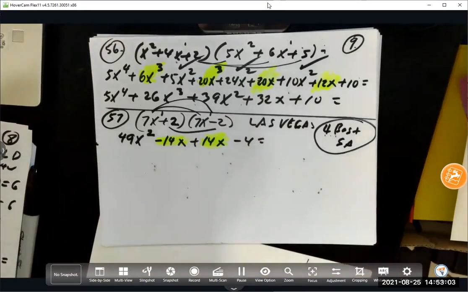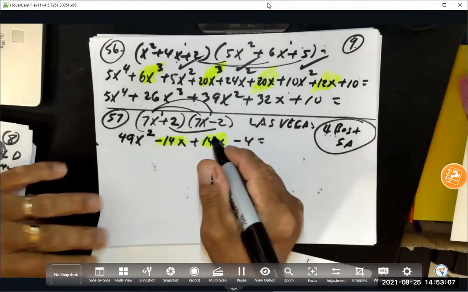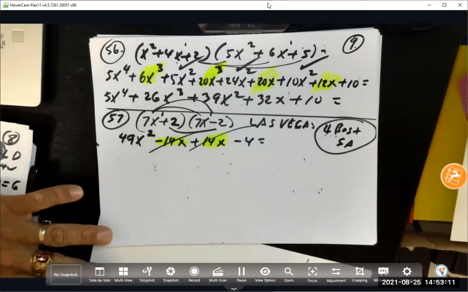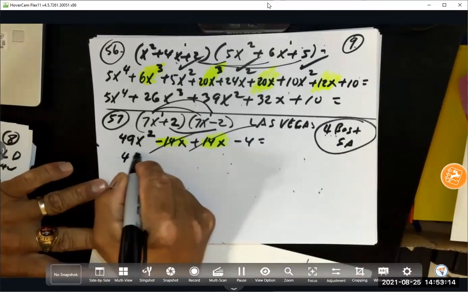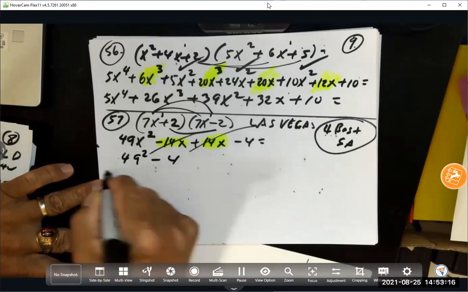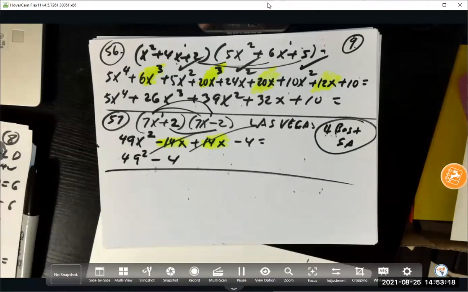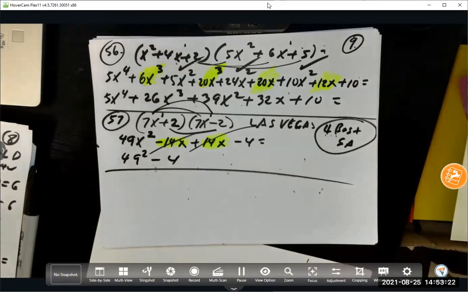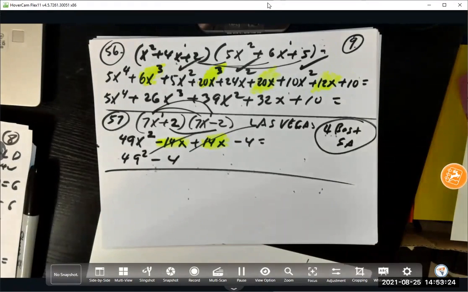You won 14 and lost 14. You don't have anything. It's gone, right? Your pockets are empty, right? So can I just cancel them out? Is this a 0 right here? Yes. So what's left over is this one and minus 4, like that. Does that make sense? Yes. 14 and a negative 14 cancel each other out exactly. Does that make sense? Yes.